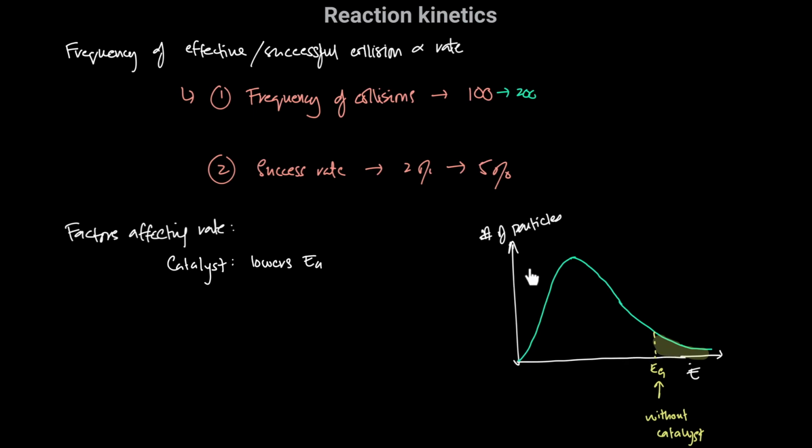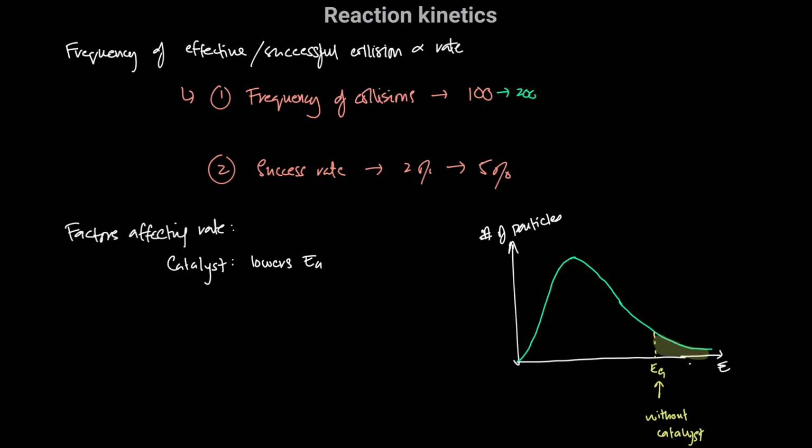Remember, the area under the curve is the total number of molecules, and obviously these molecules need to have energy greater than or equal to the activation energy. They need to collide with enough energy to overcome the activation energy in order for them to react. So this area represents the total number of particles that will react.